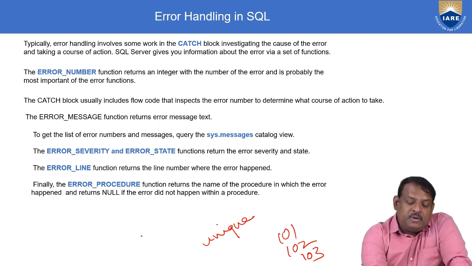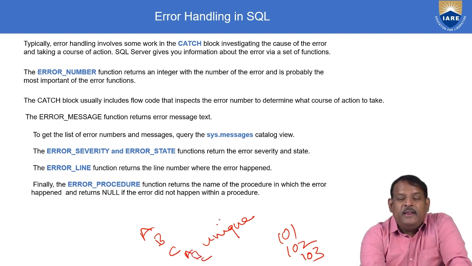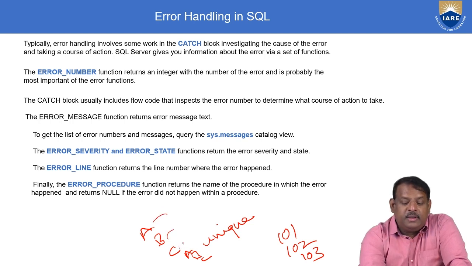For example, my first value is A, my second value is B, third C. If for the fourth value I try to insert A or B or C again, I'll get an error called violation of unique key constraint, because I made my column a unique constraint.